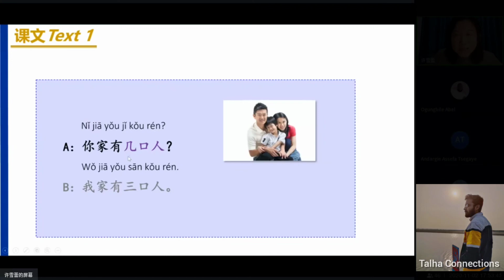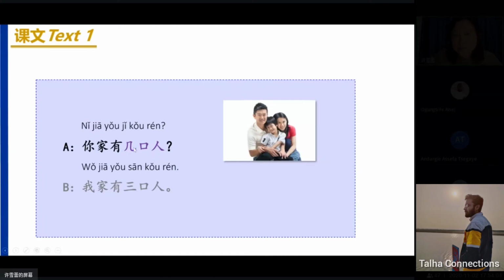Some of you are asking 几是什么? What's 几? 几 is a question word to ask about the number, particularly the small numbers, less than 9. If you expect the answer will be less than 9, we'll use 几 to ask how many. How many people are there in your family? 你家有几口人?